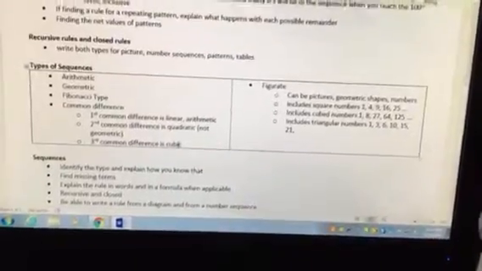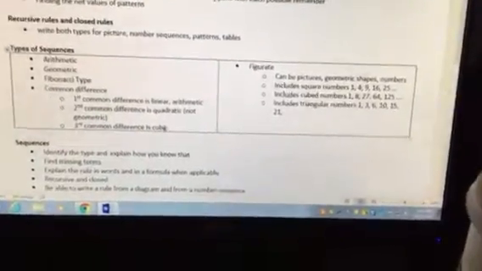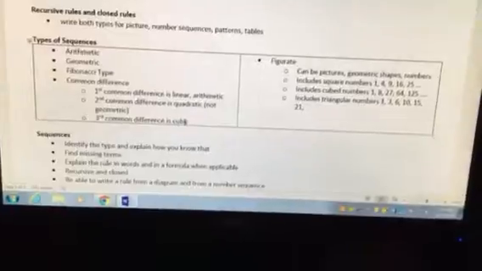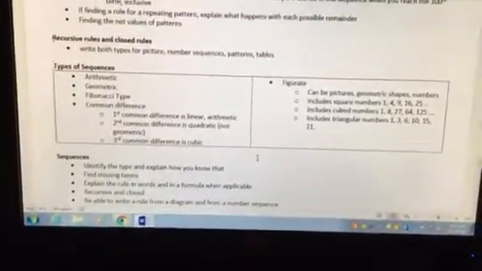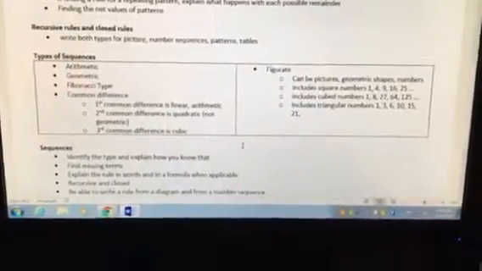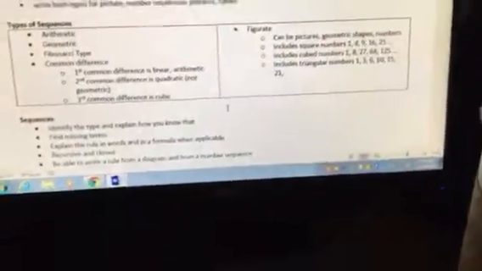That the n is raised to what power? Second power. Cubic would mean the n is raised to the third power. Figure it can be pictures, geometric shapes, numbers.